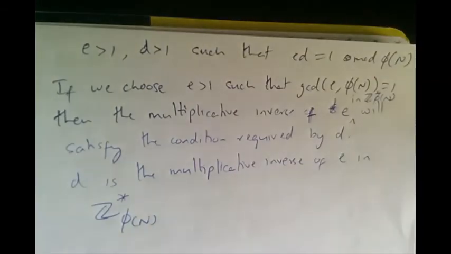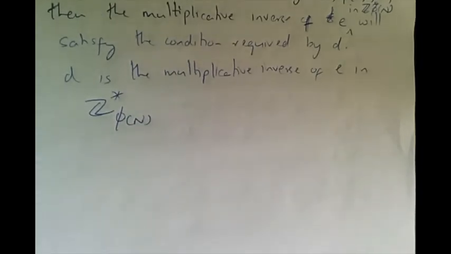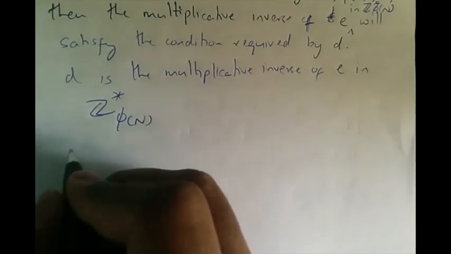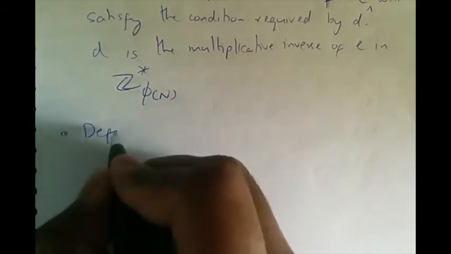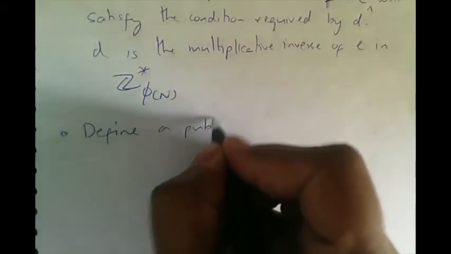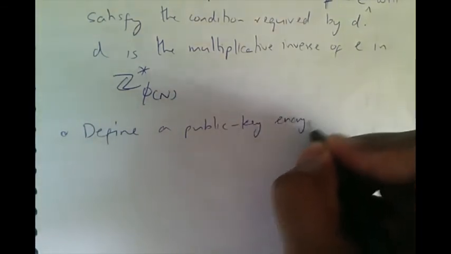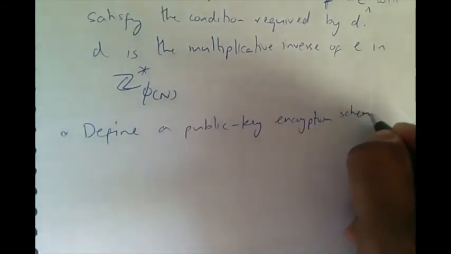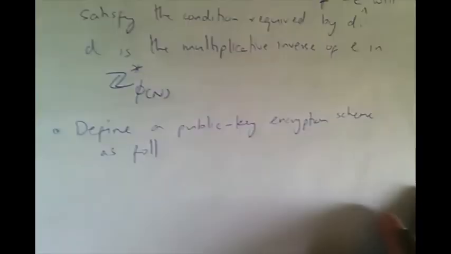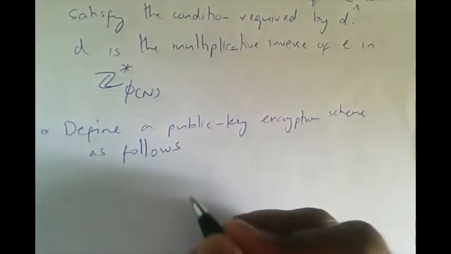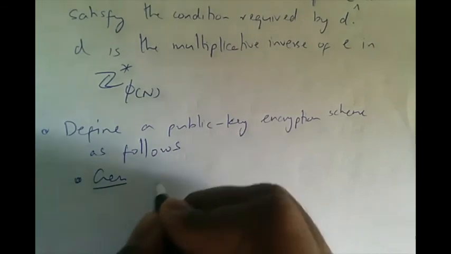The public key encryption scheme is going to have these three algorithms: Gen, Enc, and Dec. So let's define a public key encryption scheme as follows. First, Gen, the key generation algorithm.